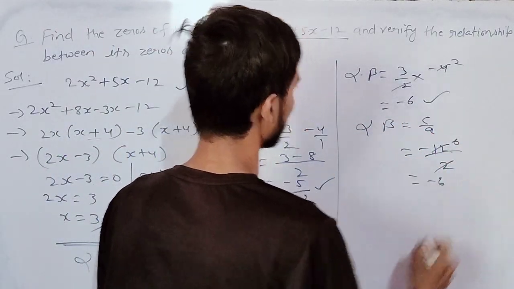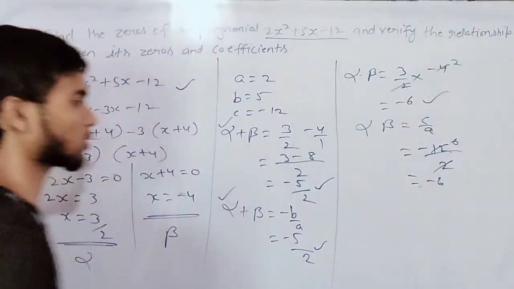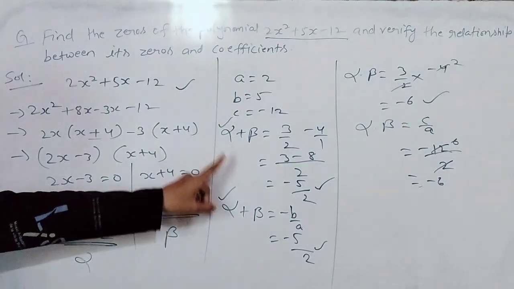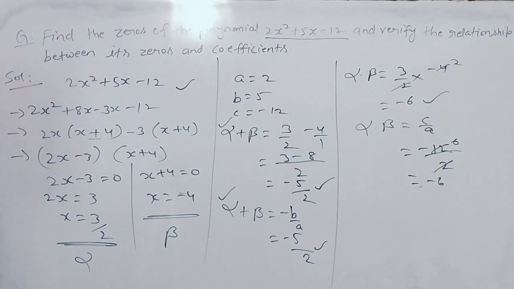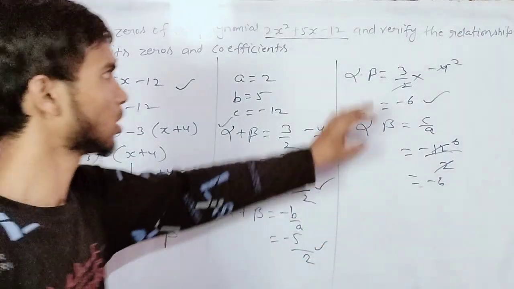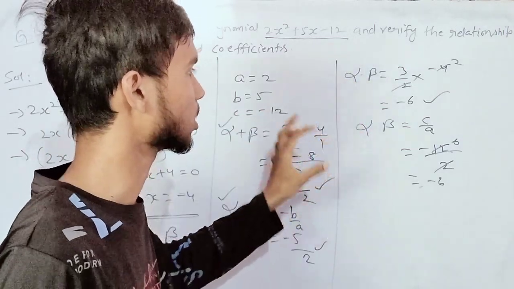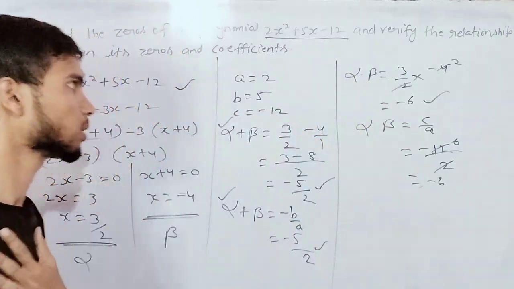So it came minus 6. You can see this and this are equal. It's your choice. There is no change.